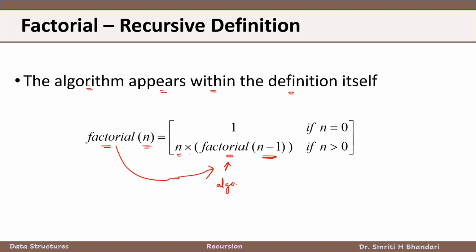If we want to find factorial of n minus 1, we will write it as n minus 1 into factorial of n minus 2. So once again we are reducing the size of the problem, right? So this is how we define the factorial function recursively.